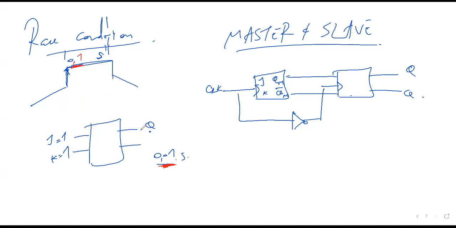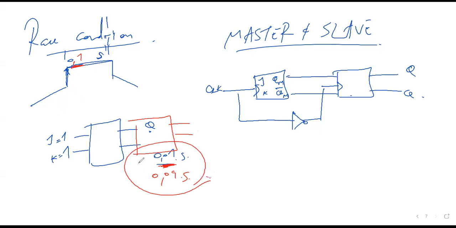This remains 0.01. But what happens if I insert, let's say, another JK with another delay of 0.09 seconds? Let's say the slave has a delay of 0.09 seconds. It means this time is no longer far less than this one. It's almost the same.